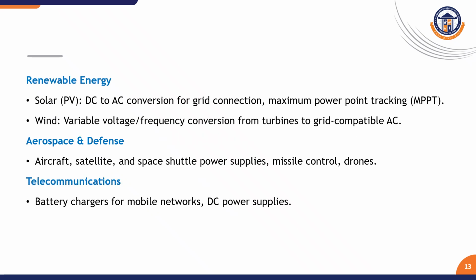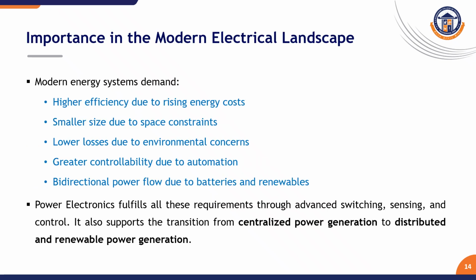In renewable energy, the conversion of energy from solar, that is DC to AC, is needed for connecting with the grid, and for wind also, for regulating the voltages, we need power electronic circuits. Likewise in aerospace and telecommunications, we need power electronic circuits for utilizing energy.